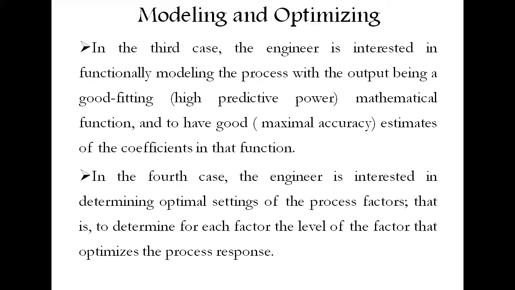In the fourth case, the engineer is interested in determining optimal settings of process factors. So in these cases, before you start the work you have to fix some input parameters. Based on the input parameters, we get the output parameter. You can easily identify which parameters have the most influence by conducting the experiment. So you can easily optimize, and this type of parameter will help for this.